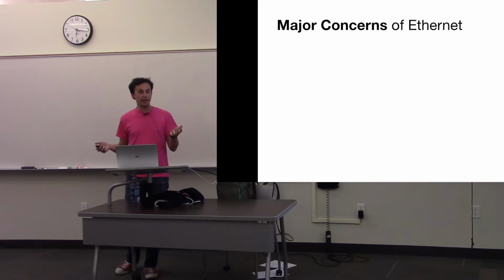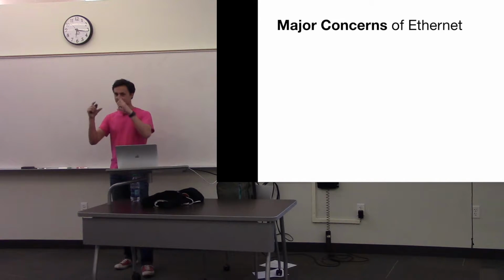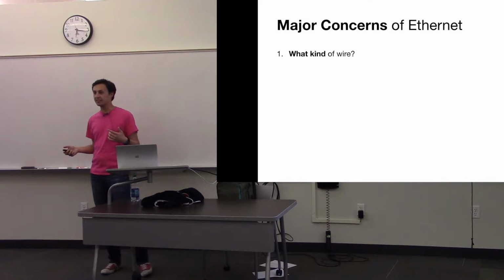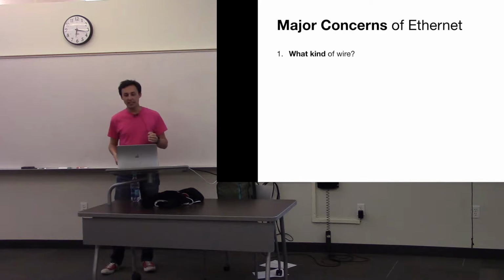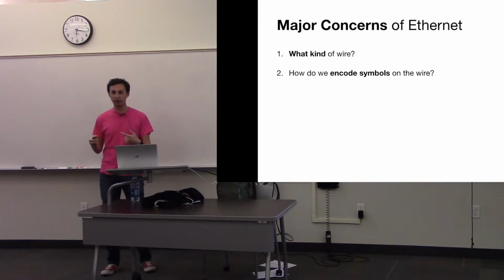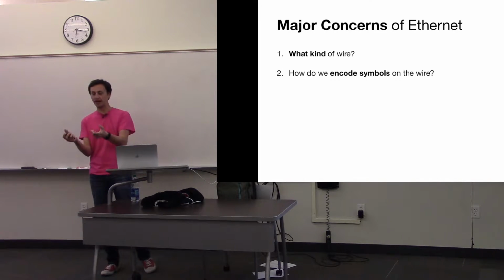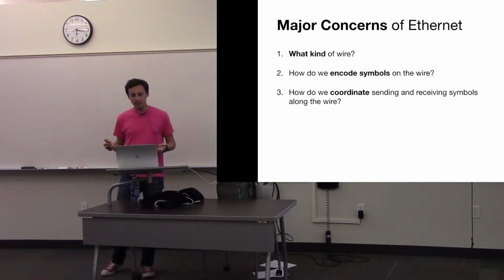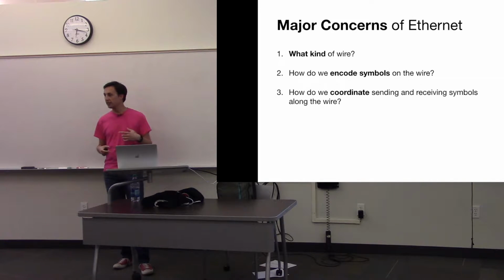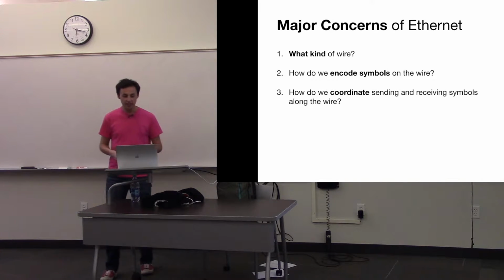There are a number of major concerns of Ethernet, and these will be like segments of the talk. The first is, what kind of wire are we using to actually send information from place to place? Second is, how do we encode symbols onto this wire so that we know what language we're speaking and what actually means anything on a piece of metal? Then there's, how do we coordinate sending and receiving symbols along the wire? So obviously we have to be on the same page when we're talking to each other.